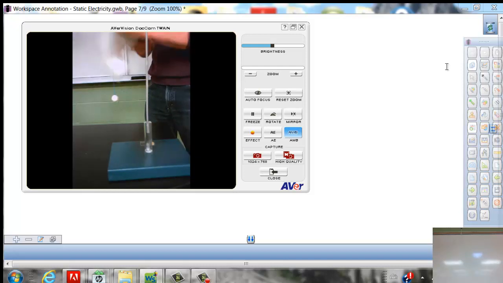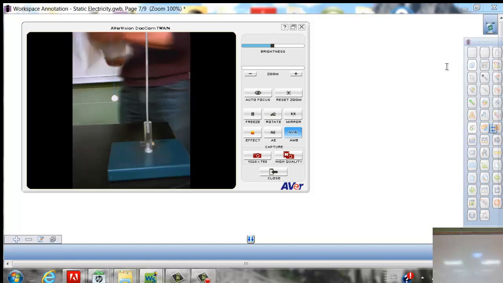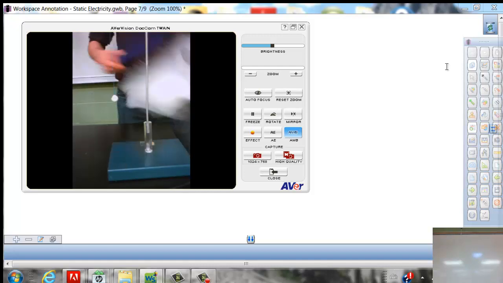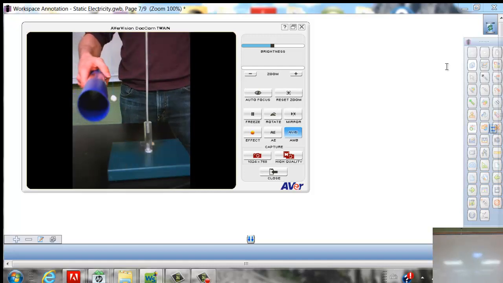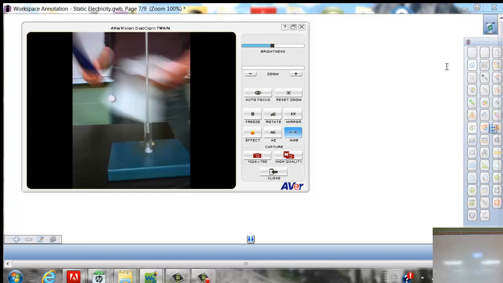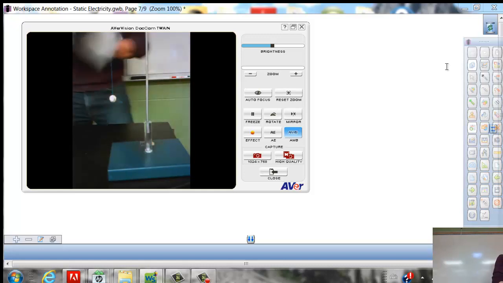And so when I rub the fur, you're going to get a net buildup of electrons on its surface. So when I approach the pith ball, it will stick to it and the electrons will jump from the plastic to the pith ball. That's charging by contact.